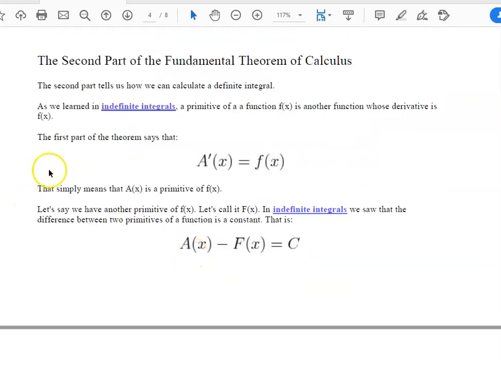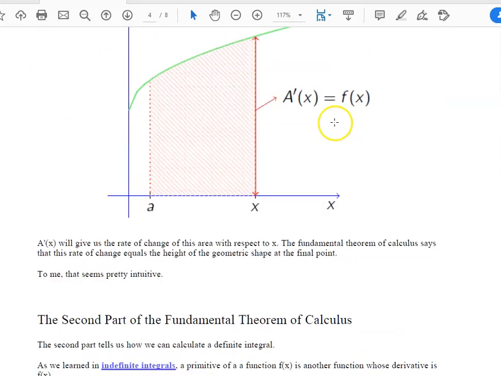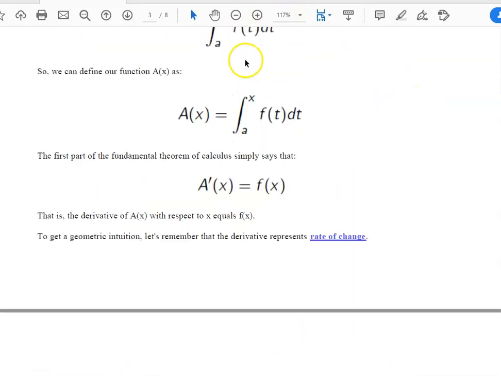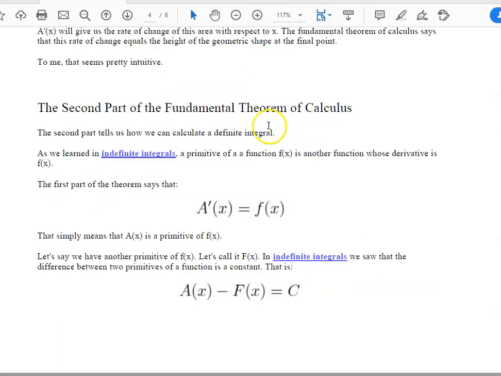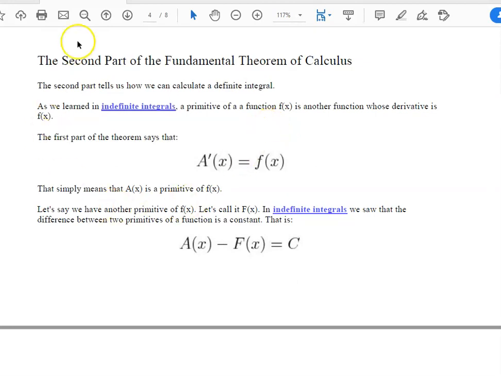So the second part, this is really just a derivative in the integral that we're talking about here, the definite integral. What's also important here, they call it a primitive. The indefinite integral is a primitive. It's really the function we took the derivative of to get the integrand.